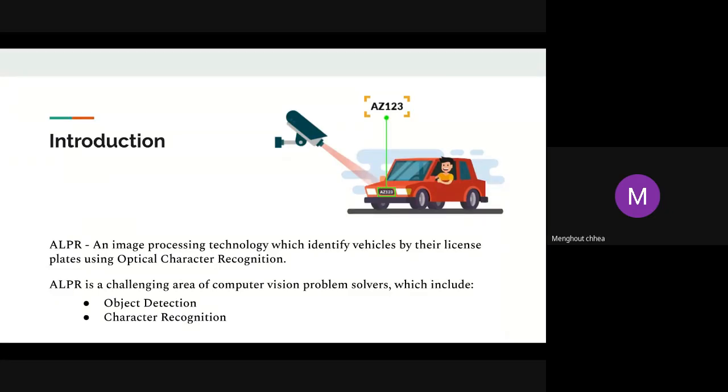It is an image processing technology that identifies the plate number from a vehicle automatically. ALPR is a very challenging area. There are two main areas related to this type of system. First one is object detection, and second one is character recognition.